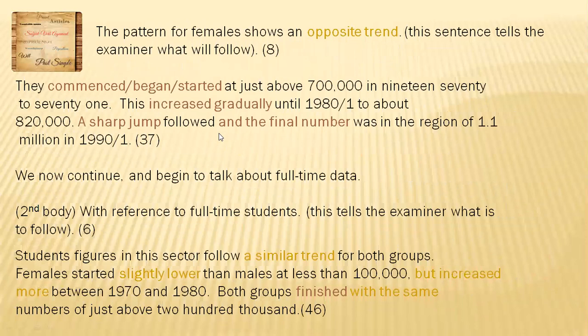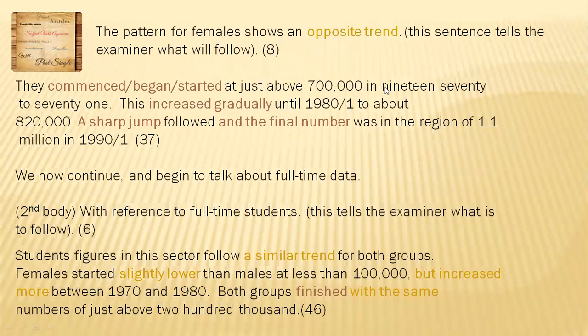The pattern for females shows an opposite trend. So this sentence tells me that I'm going to talk about females, and the information is going to be the opposite to what I've just told you. They started at just above 700,000 in 1970 to 71.